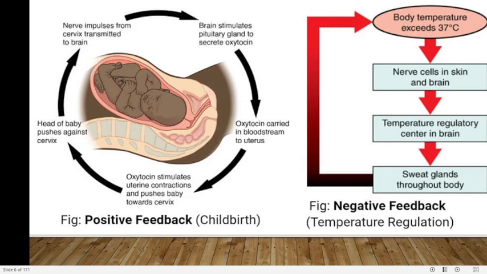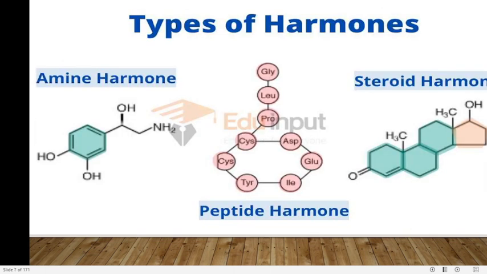When this stimulation occurs, sweat glands throughout the body are stimulated and they open, and thus the organism is able to lose more heat, and thus the temperature is down regulated. In negative feedback, guys, an increase of substance A leads to a decrease in substance B, and vice versa. And that's how different it is from positive feedback.